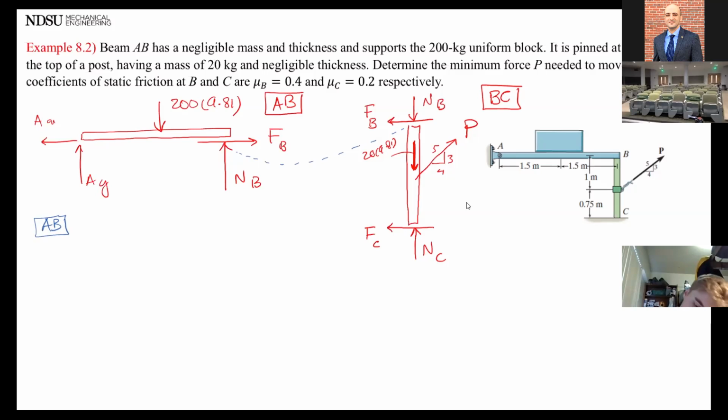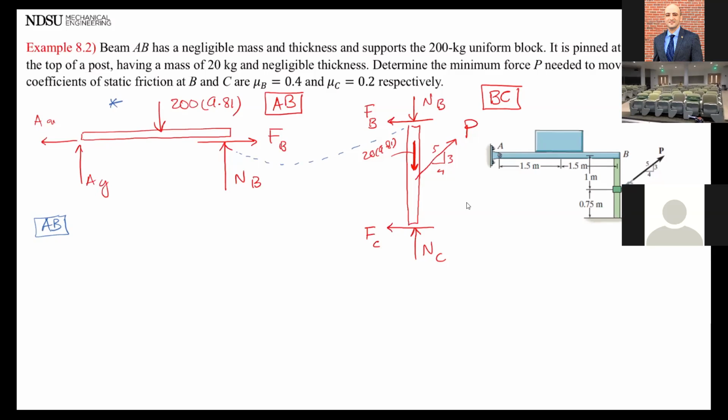One equation to find normal force NB. What would you use? One equation for this first free body diagram, so you are able to find normal force NB. Moment about point A. Okay, yeah, a couple of people mentioned. So summation of moment about point A being 0, anything that rotates this way is going to be plus.